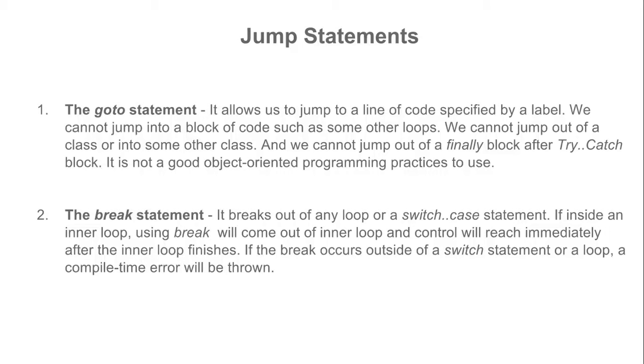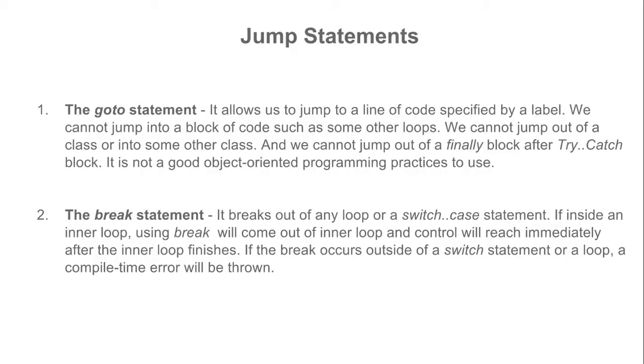If we have a nested loop, with the help of the break statement it will come out of the present loop, or the inner loop if we have put the break inside the child loop, and the control will reach immediately after the inner loop finishes.